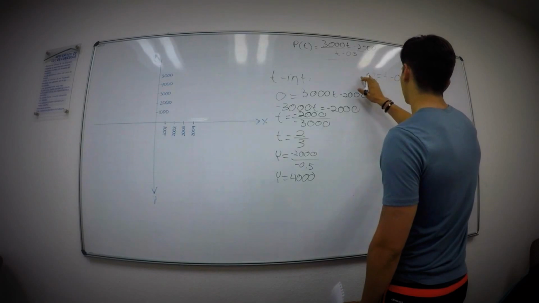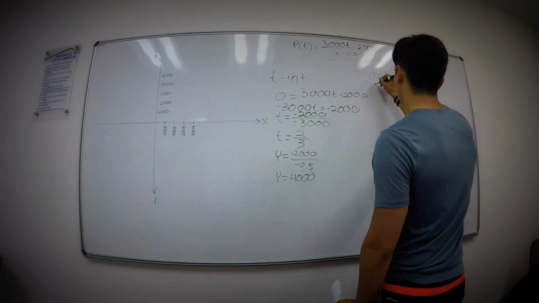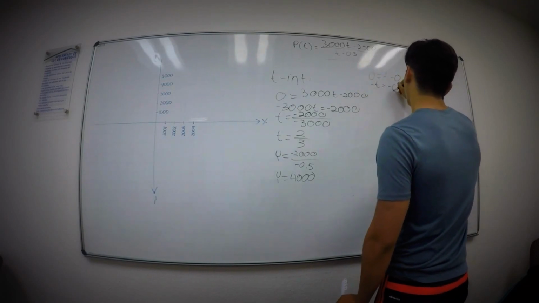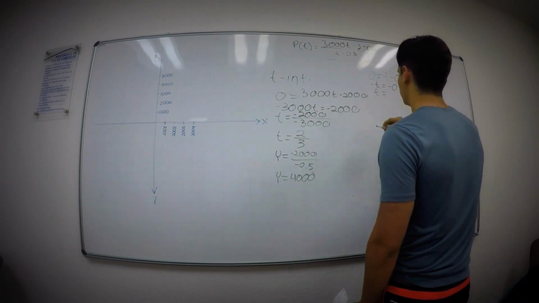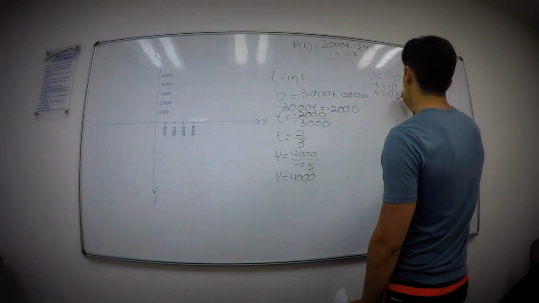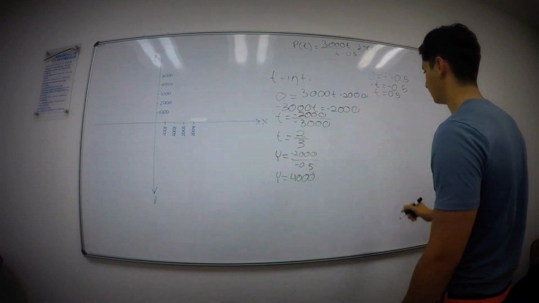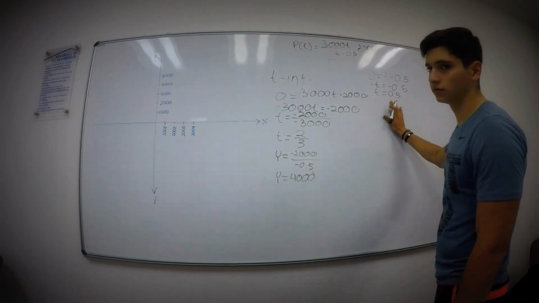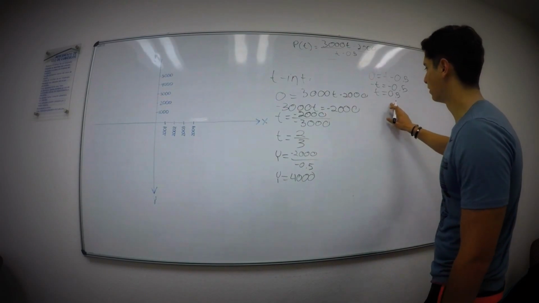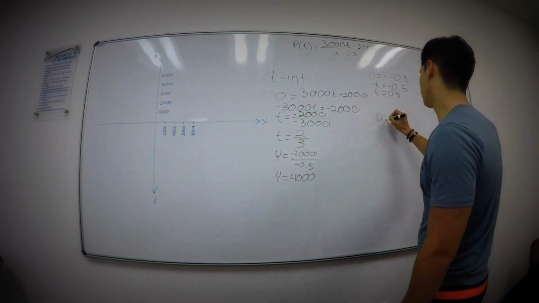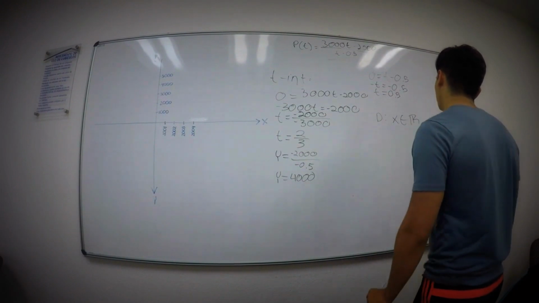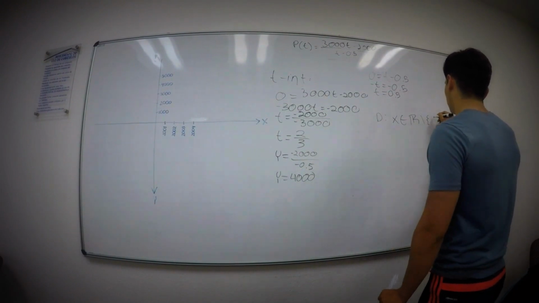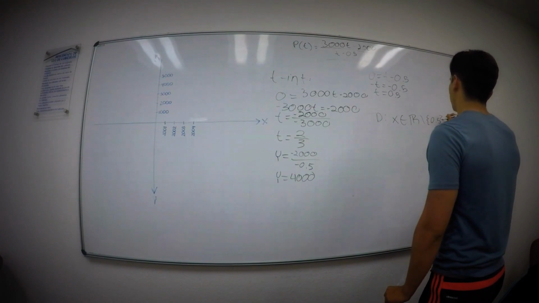Then we move the t to the other side, making it minus t equals minus 0.5, and then making it positive, t equals 0.5. So this number cannot be used in this equation, making the domain any real number except 0.5.